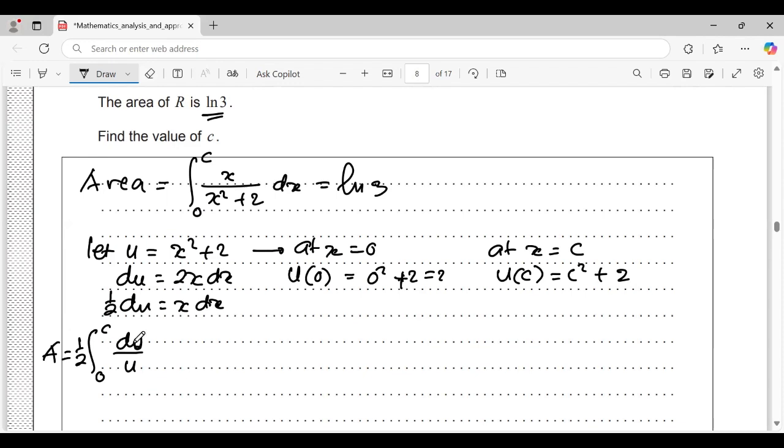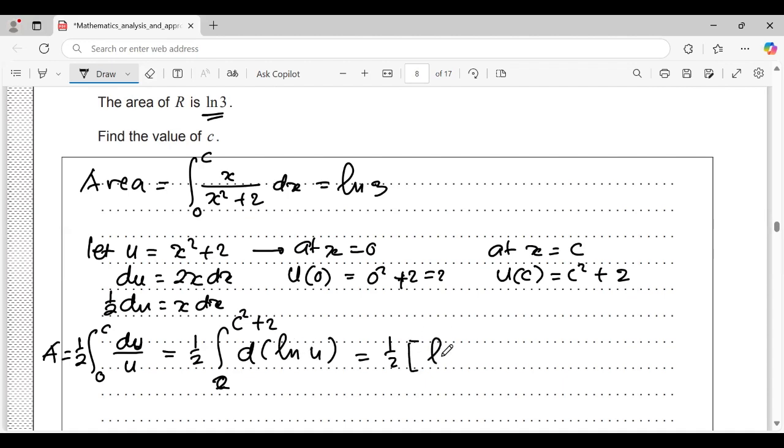And the integral of du over u is ln u. So it's 1/2 times the integral from 2 to c squared plus 2 of du over u, and the integral is ln u. After that, substitute c squared plus 2 and 2 into ln u.